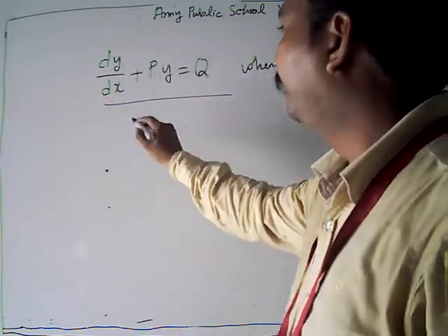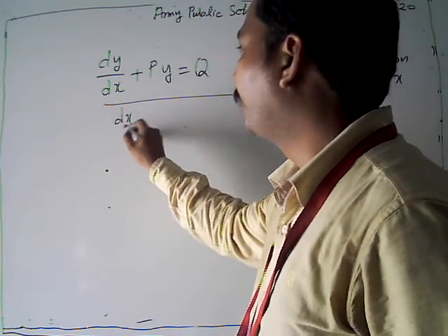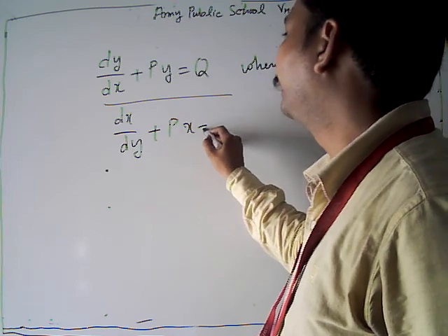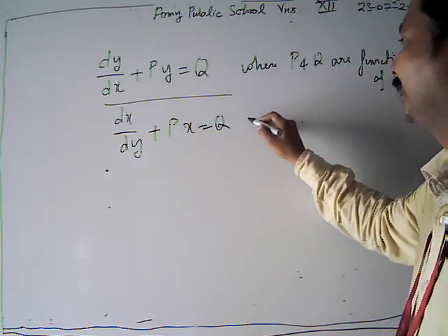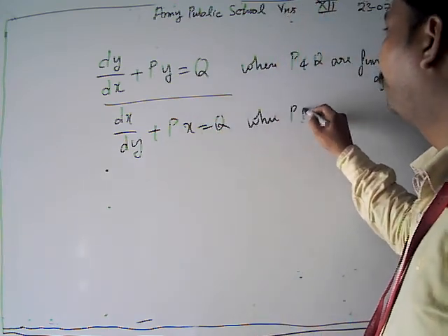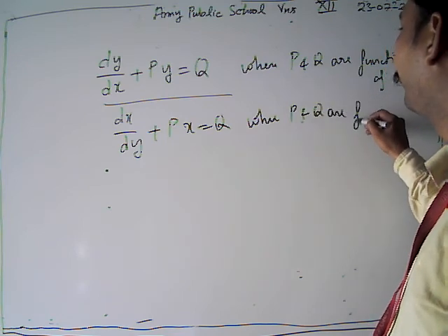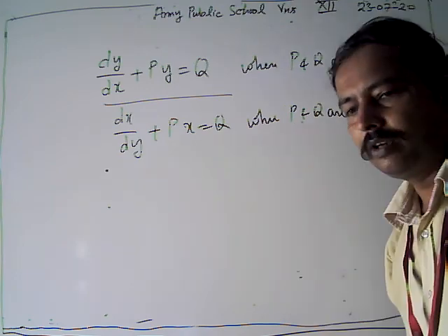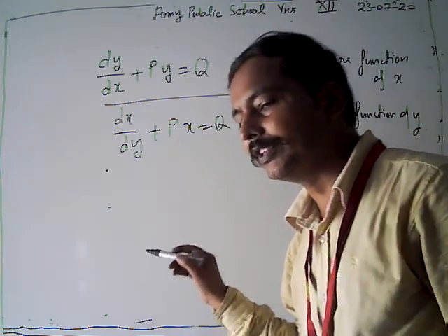We can also write the differential equation in the form dx/dy + px = q, where p and q are functions of y. So we have two standard forms of linear differential equation.